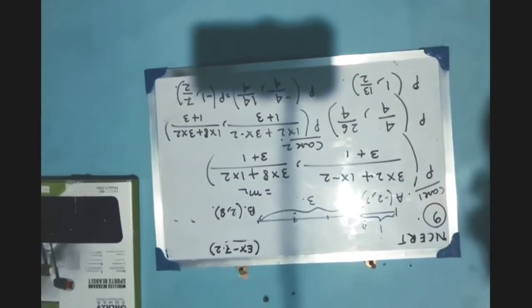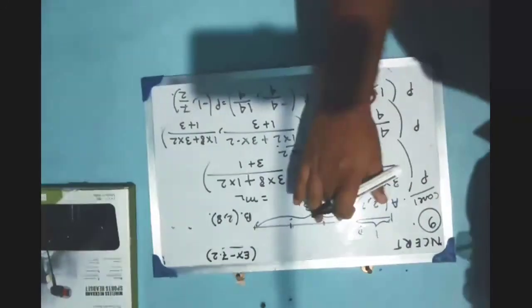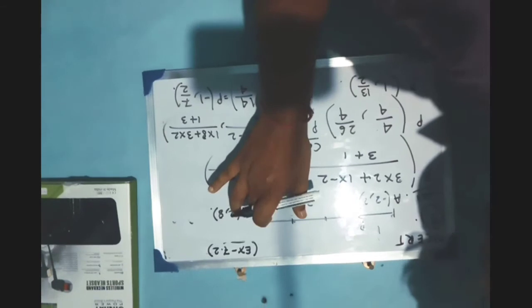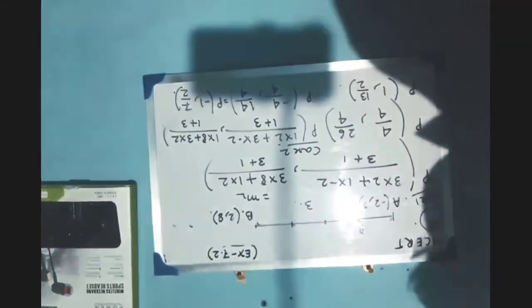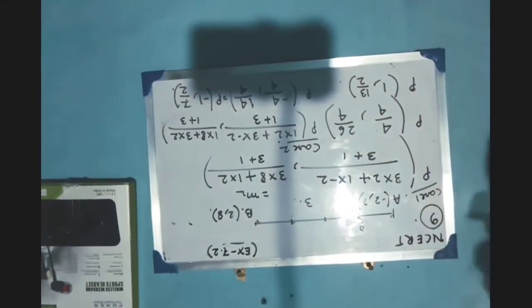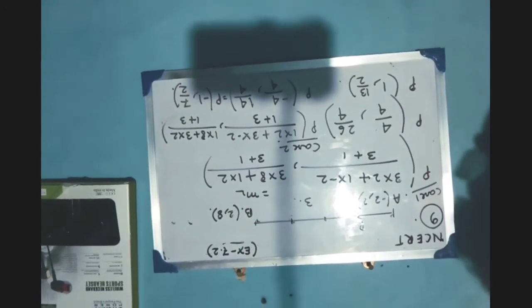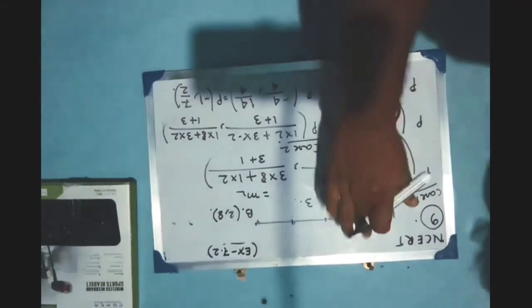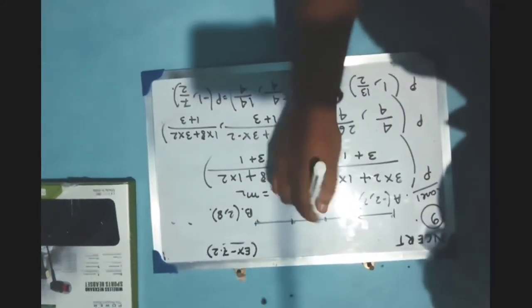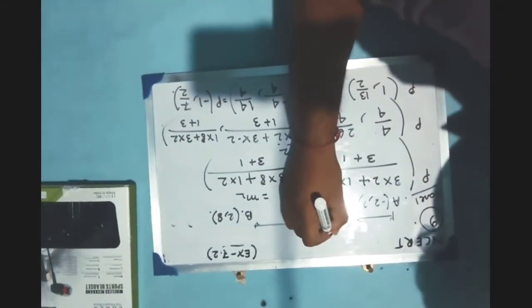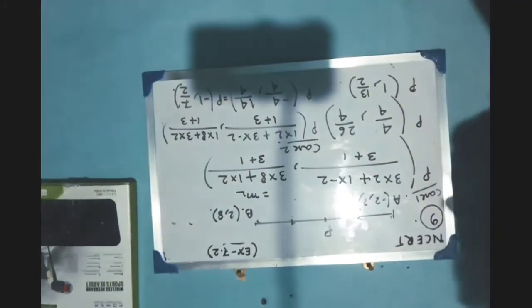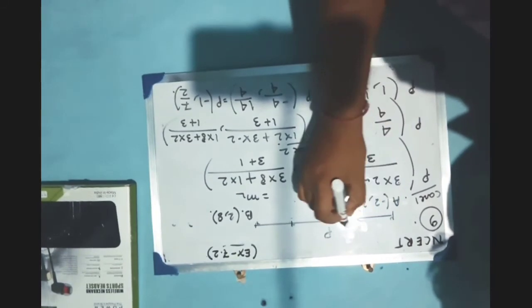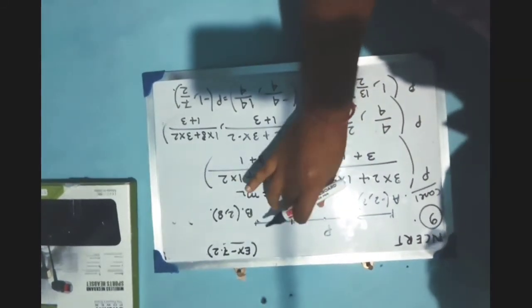Next come to case 3. If I take the position of P in the middle, over here, that will also divide it in the same ratio.